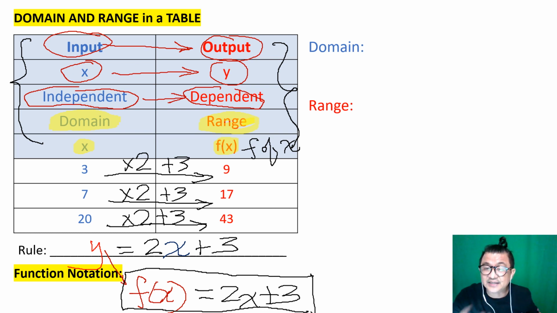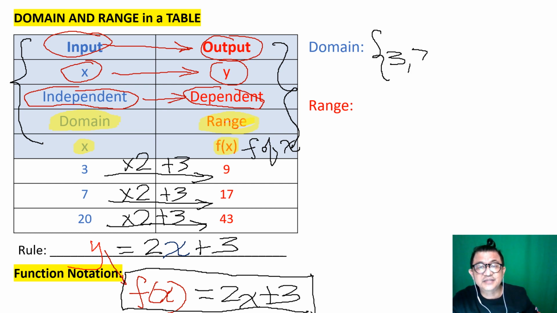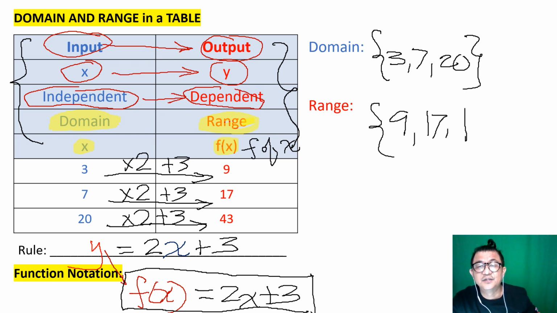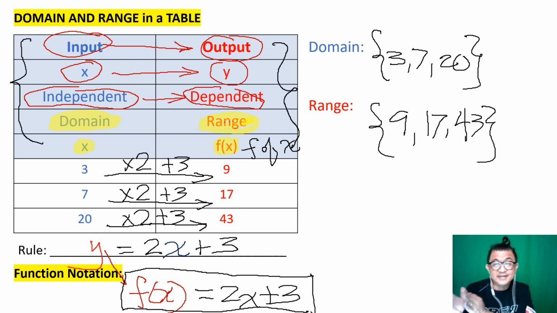That means the y, the output, the range, the results. Okay, just based on this table, our domain, you put it in the braces, are 3, 7, and 20. Okay, and based on this table, our ranges are the y values, 9, 17, and 43. So those are the domain and the range.